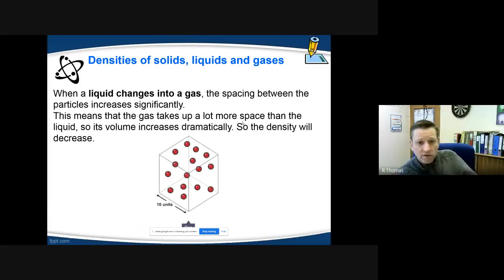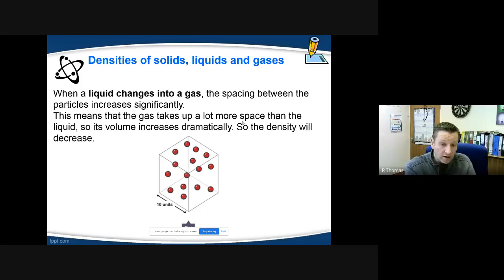However, when a liquid changes into a gas, so let's stick with water, right? So now we've gone from ice to water, and now we're going to heat that water and it'll turn into steam. And when that liquid changes into the gas, the spacing between the particles increases significantly. The molecules spread out much more. And if we look at our cubic unit there, if you look at the scale, that box now represents 10 of those cubes on the previous slide, 10 of them.